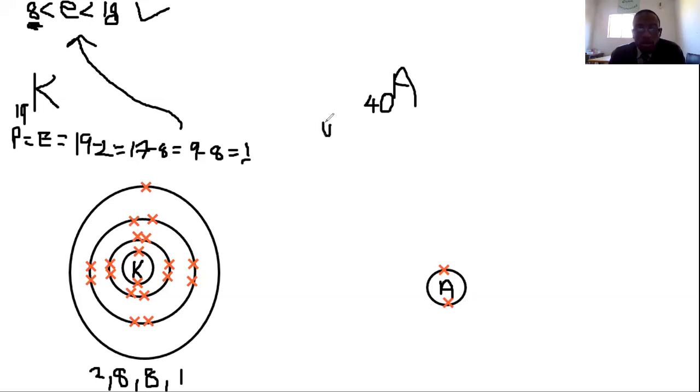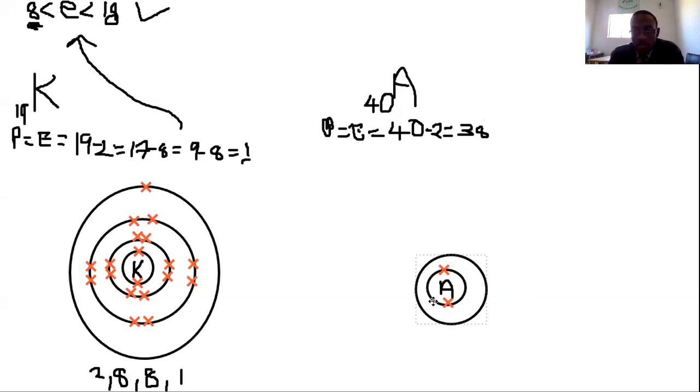So this means that the P, which is equal to the E, in this case is 40. So subtracting the 2 that we have used, the remainder is 38.